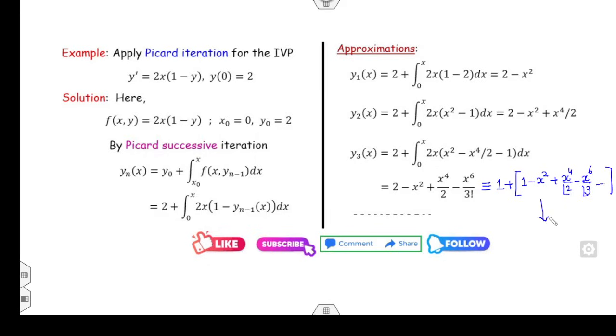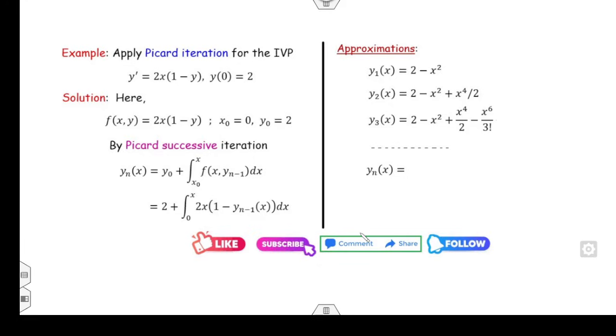तो ये कहाँ जा रही है सीरीज आपकी? What is that? That is nothing but e raised to power minus x square. Fine. So you can write y of n is 1, because यहाँ पे approximation कितने बोले? They are not given to you. So we can find the nth approximation that will give you e raised to power minus x square as the limit n approaches infinity.